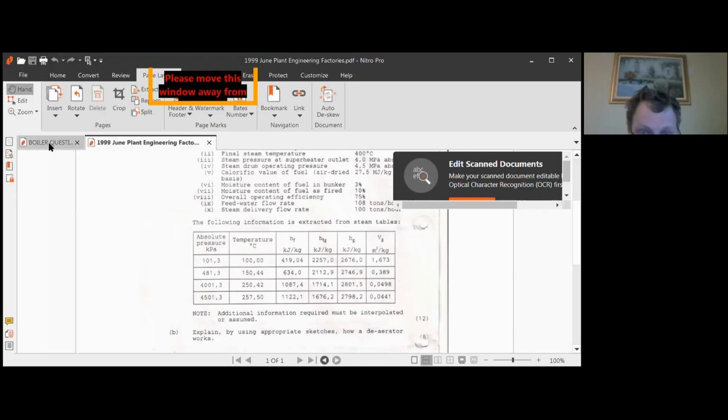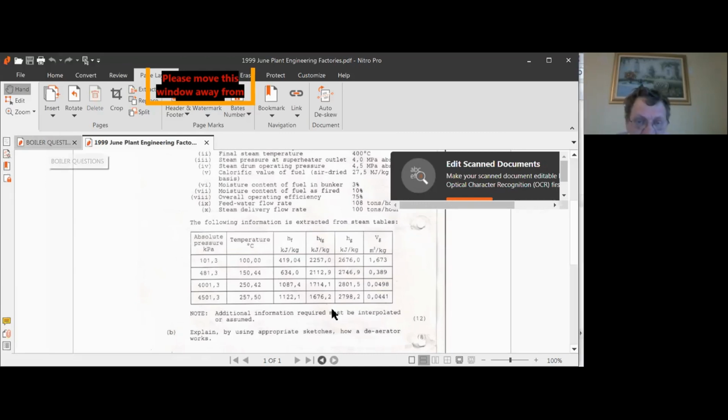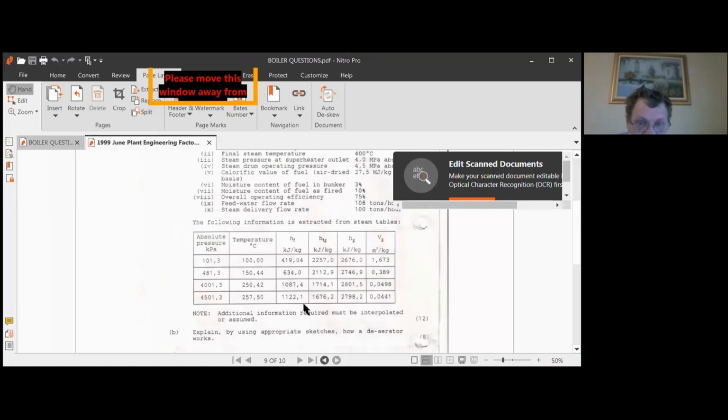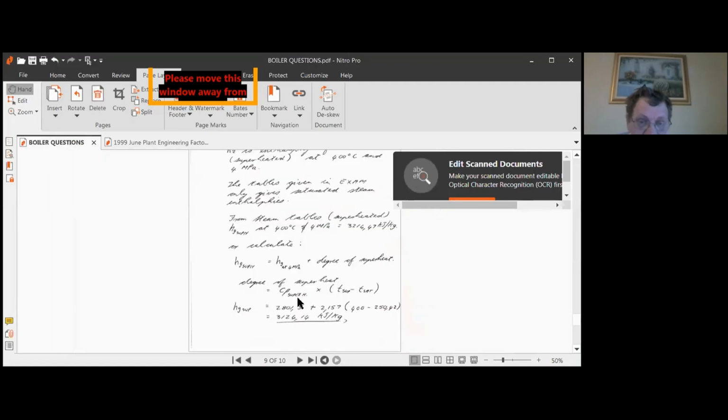Then the 2.157, that's another value, the CP of the superheated steam, which he didn't give you, and you need to know that, times the 400 minus the 250.42.